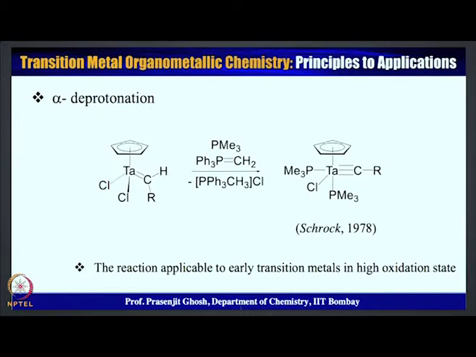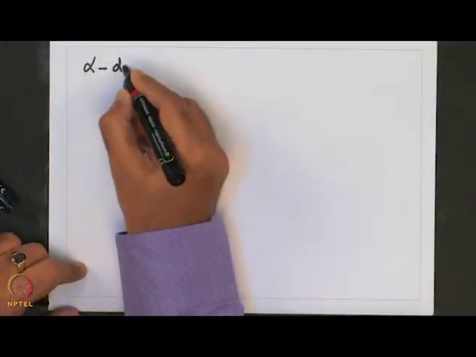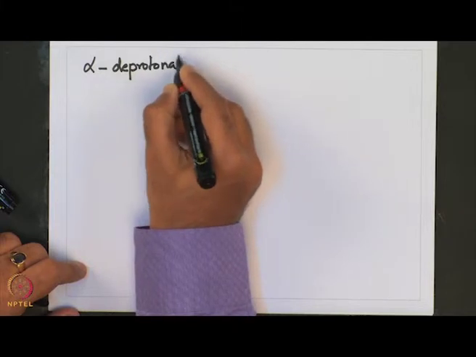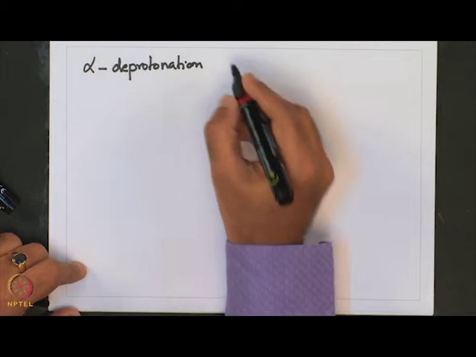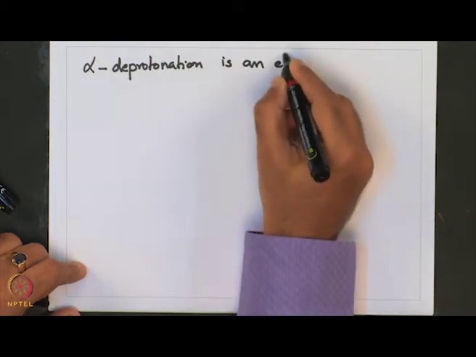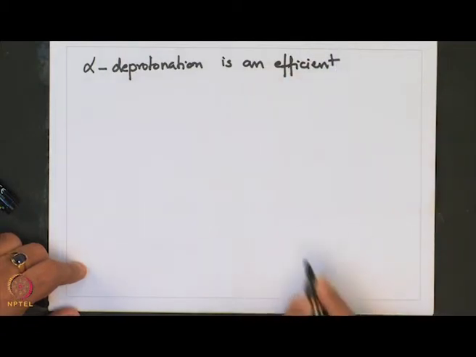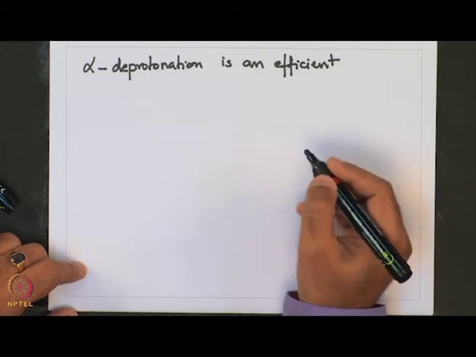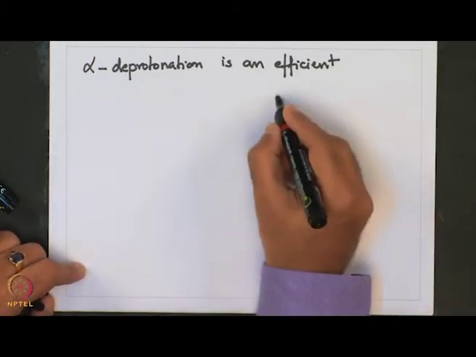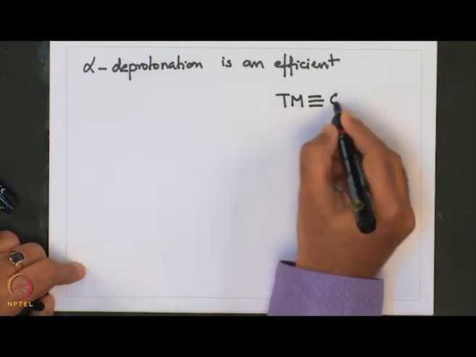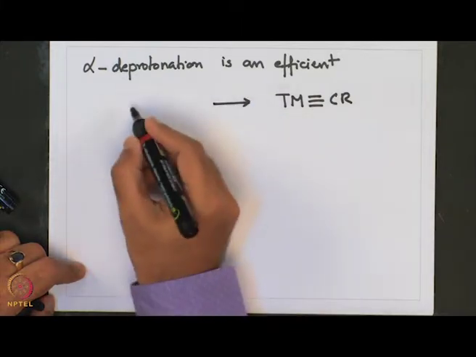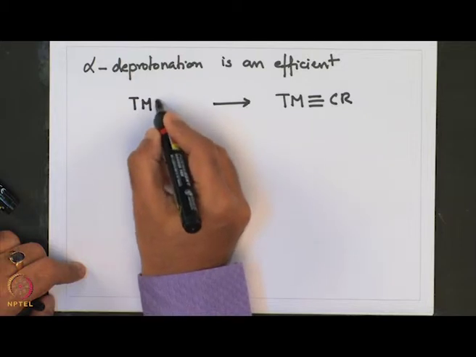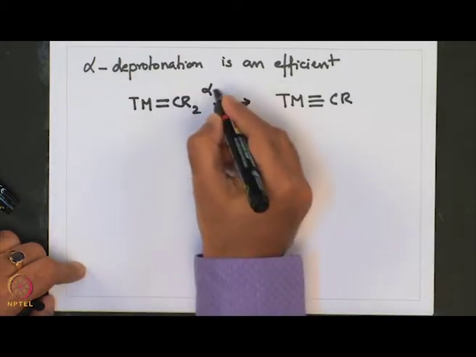Similar to what we had seen for making transition metal carbene complexes, alpha deprotonation is an efficient method for synthesizing transition metal carbyne complexes, and here too the transition metal carbyne complexes have been synthesized from the corresponding transition metal carbene complexes by alpha deprotonation.